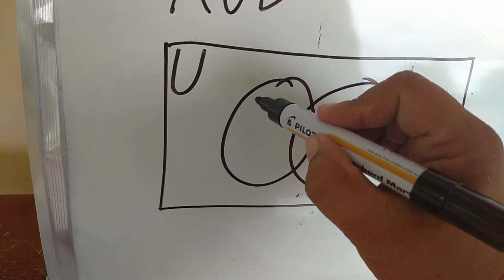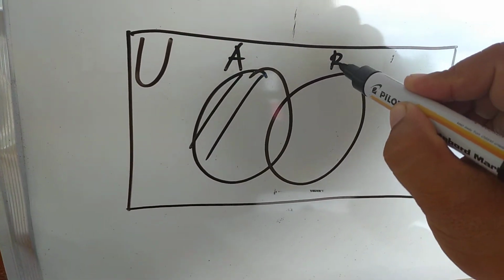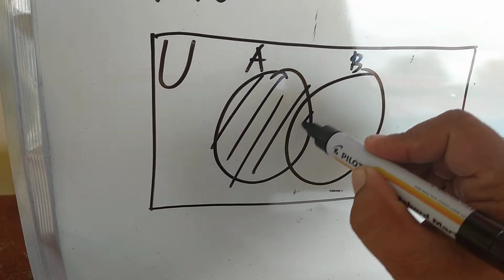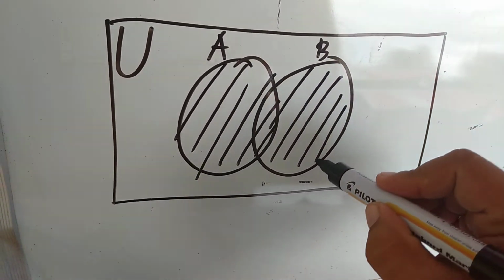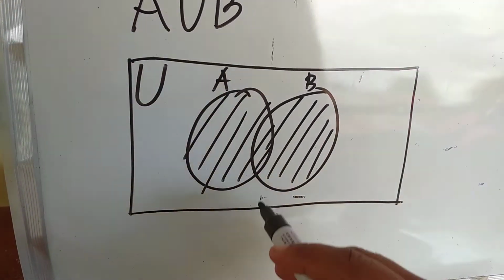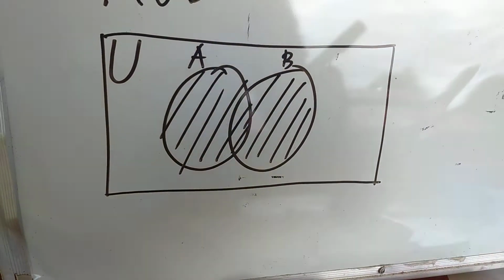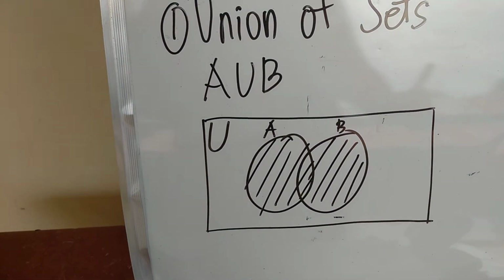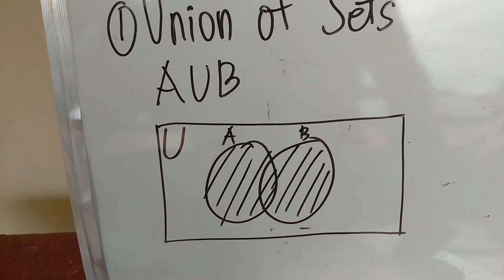So we have A union B, set A, set B. If we are going to identify A union B, this is the answer. Meaning, all elements contained in set A and set B is A union B. Okay, so this is how to illustrate sets using a Venn diagram.